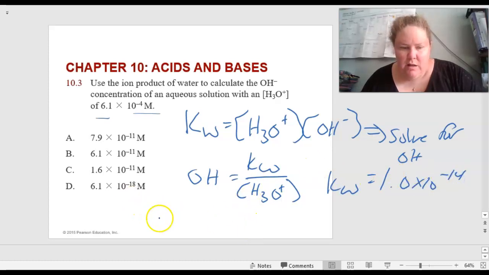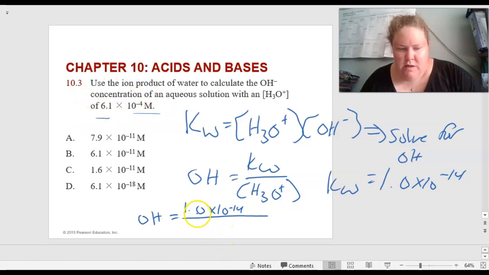So then when we plug all of this in, we know that OH equals 1.0 times 10 to the minus 14 from right over here, over what we have in this equation right here. Okay, so 6.1 times 10 to the minus 4 molar.